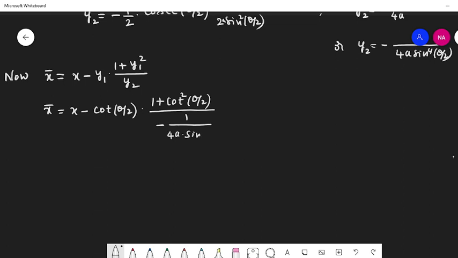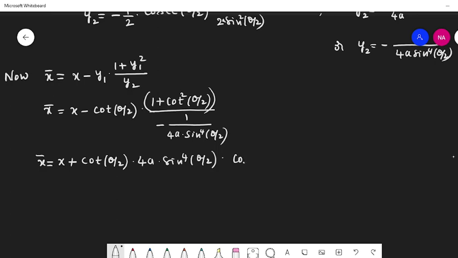Let us write in terms of sine only. Sine power 4 of theta by 2. So this will be x bar equal to x minus, okay, minus into minus, it will be plus cot of theta by 2 into 4a sine power 4 of theta by 2 into this term 1 plus cot square of theta by 2, that is cosecant square of theta by 2.